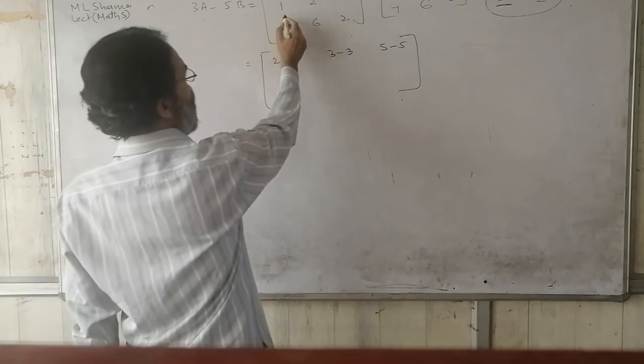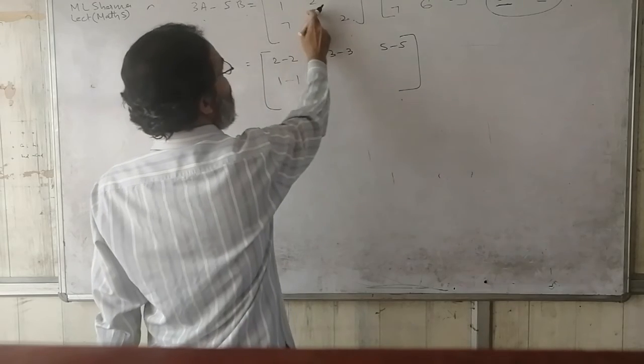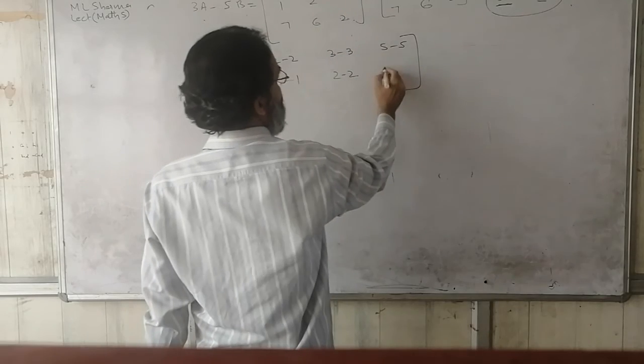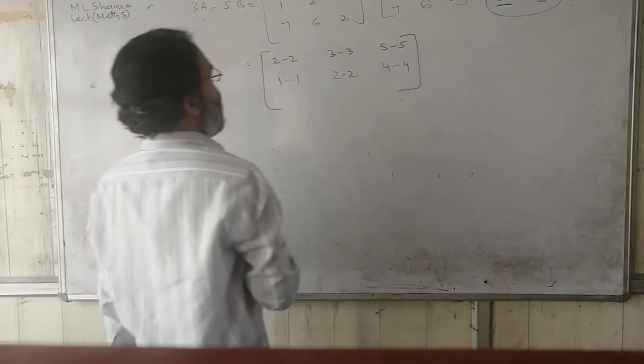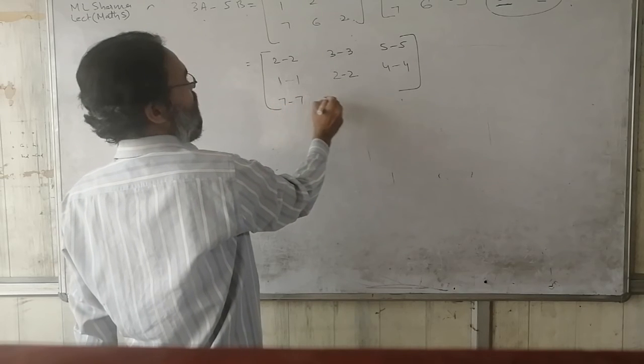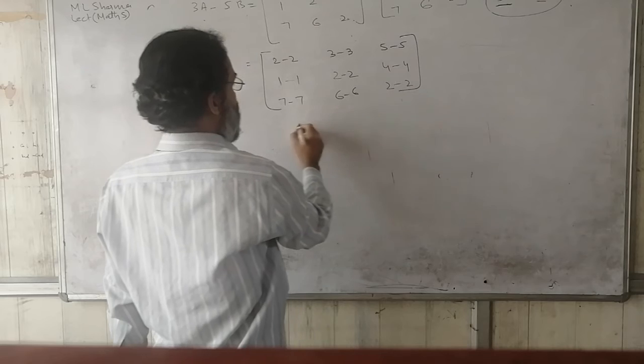Then in the second row 1 minus 1, 2 minus 2, and 4 minus 4, and then 7 minus 7, 6 minus 6 and 2 minus 2.